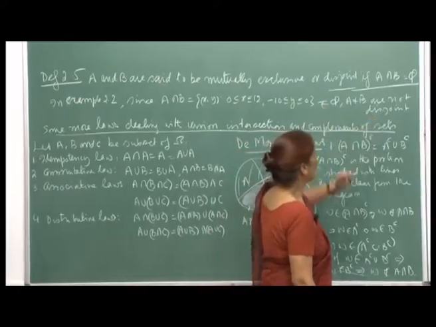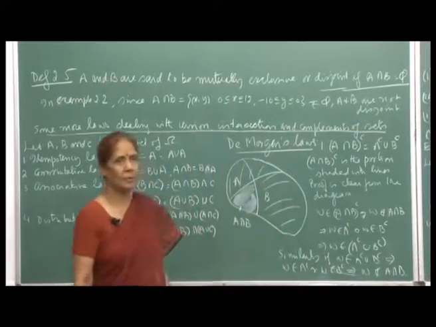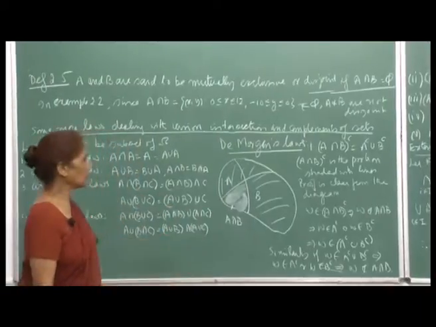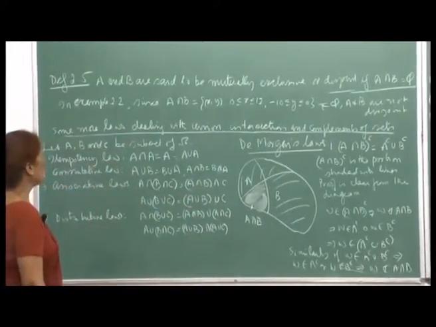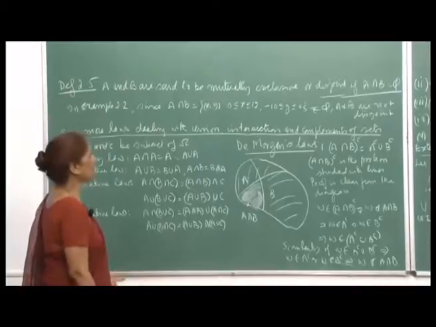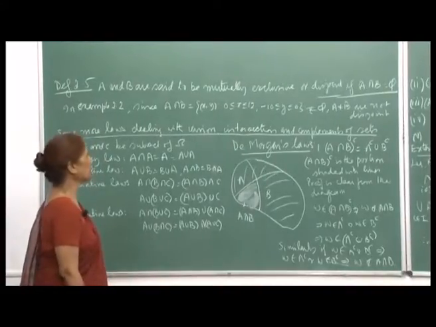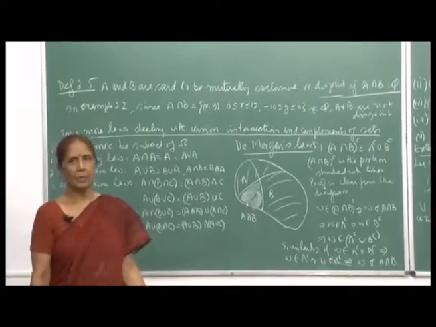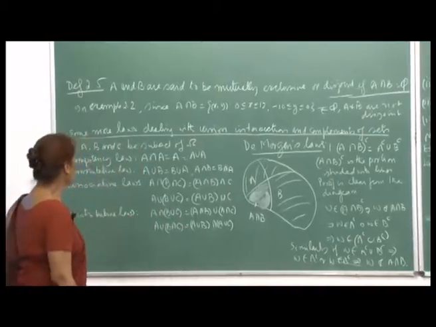Therefore, A and B are not disjoint or they are not mutually exclusive. And so, as we go along, you will see so many examples when A and B have some points in common, then they will not be considered disjoint. If they do not have any points in common, they will be considered as disjoint or mutually exclusive.